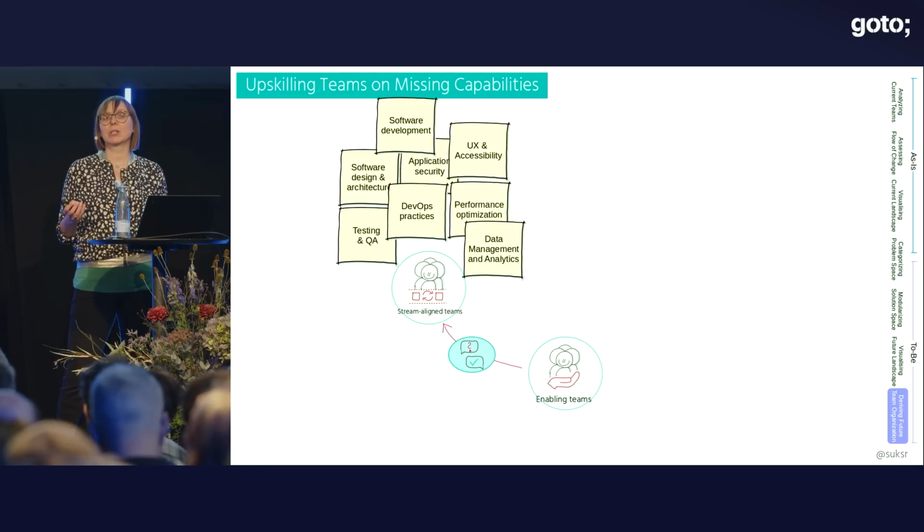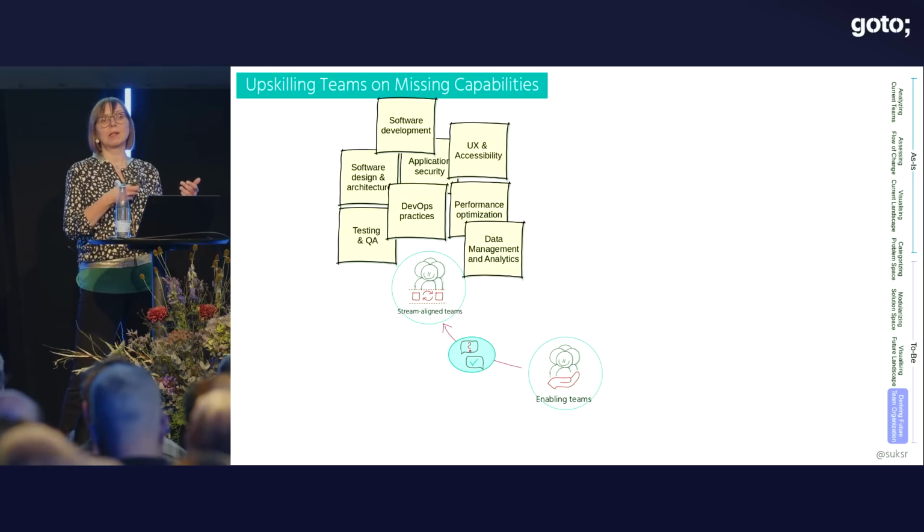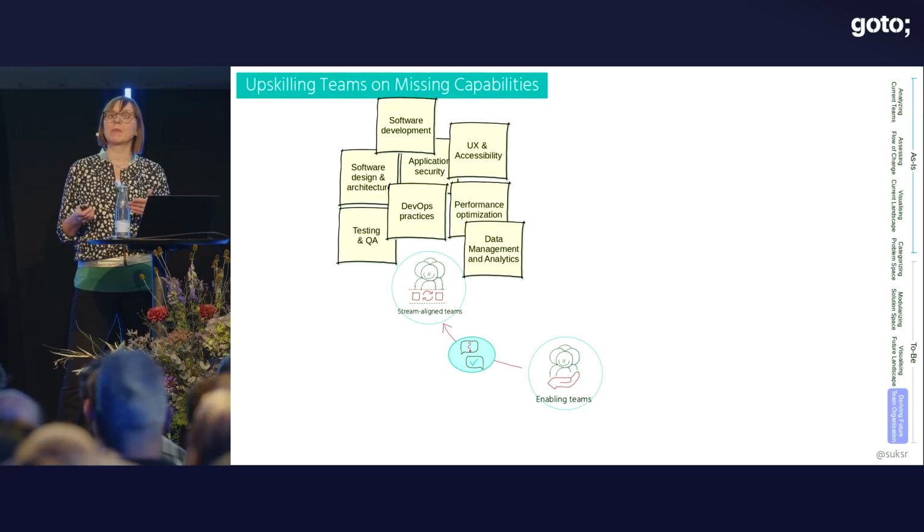So that is a lot to cover, and that is where specialists of the enabling team can be pulled in on demand and upskill the streamlined teams as needed to make them self-sufficient in the end.